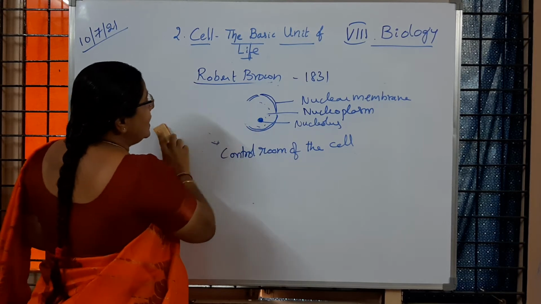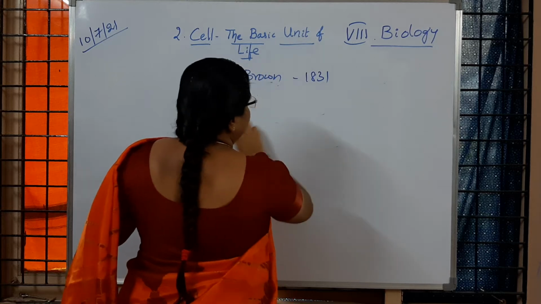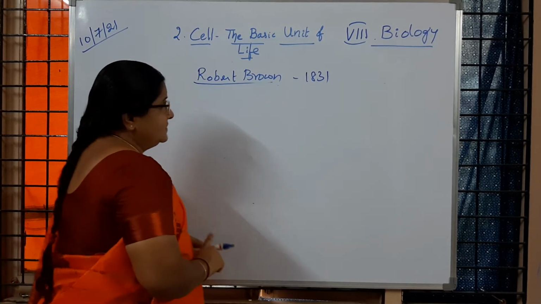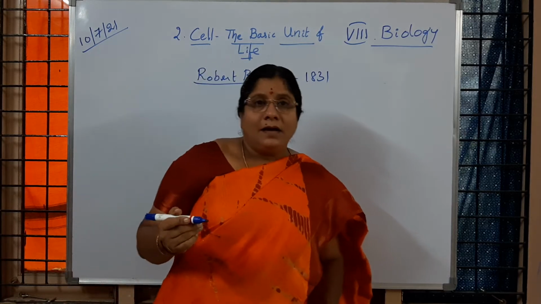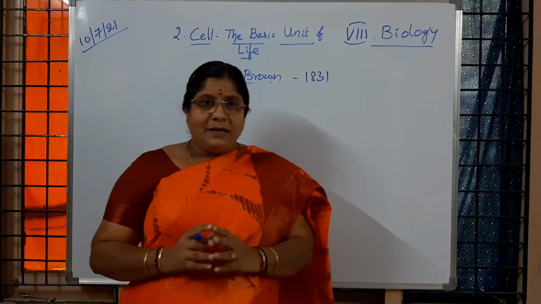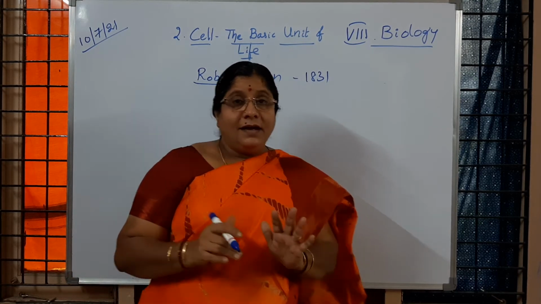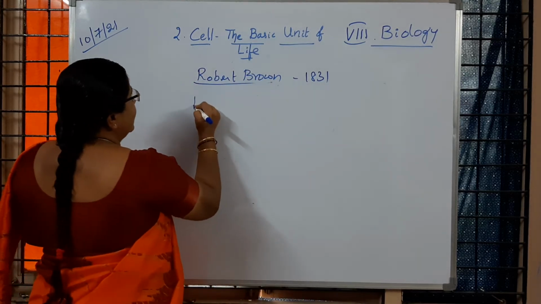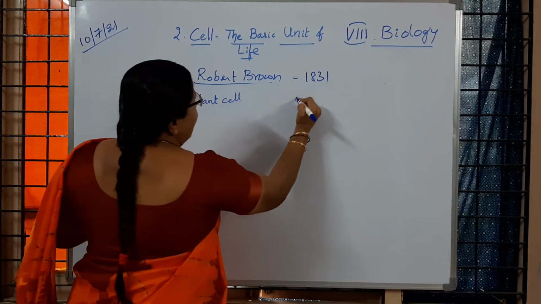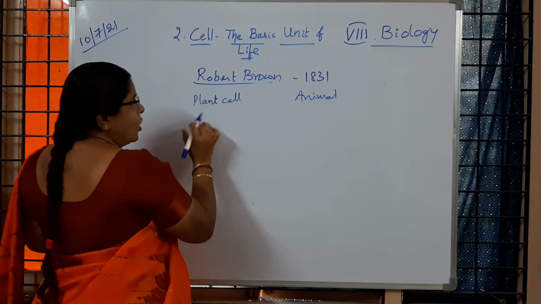Now, another cell organelle. What makes the difference between a plant cell and an animal cell? Just now, with the activity, we learned about the plant cell and animal cell, that is the human cheek cell and onion peel cells.